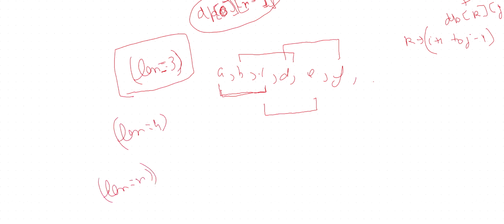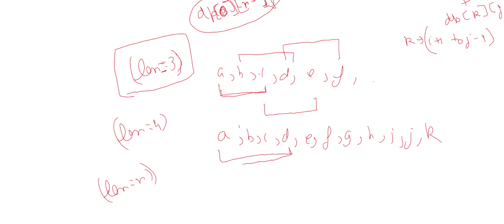So when I go to length 4, I will have A, B, C, D, E, F, G, H, I, J, K. So I will go to length is equal to 4. And now I'll have to find the minimum score of this length. And trust me, I can find it. Why?